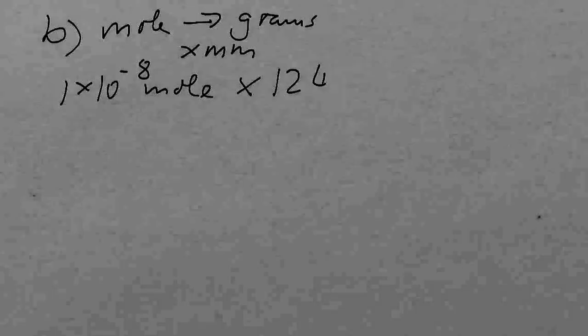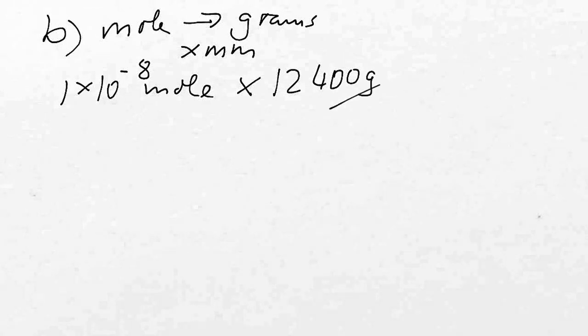So, I have 1 times 10 to the minus 8 mole times, and the molecular mass was 12,400, I think? 12,400 gram per mole. Yeah? Interestingly enough, you see what happens. The moles cancel out. What have I got left? Grams. This is exactly what I wanted, isn't it?